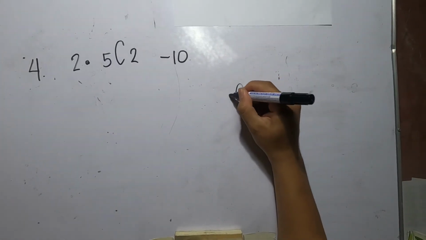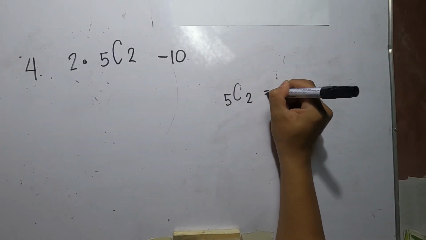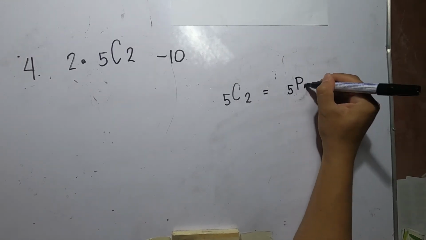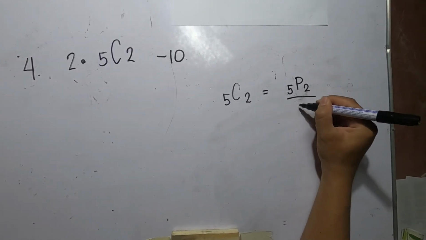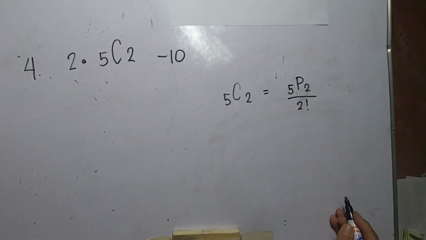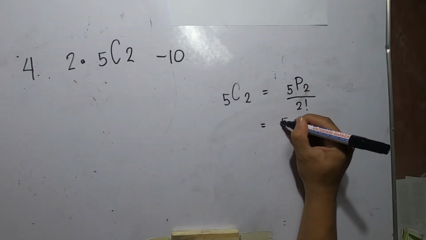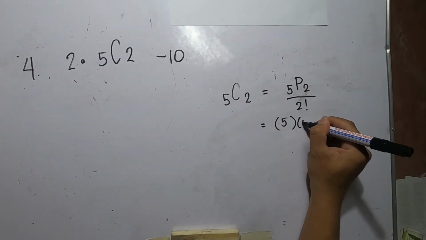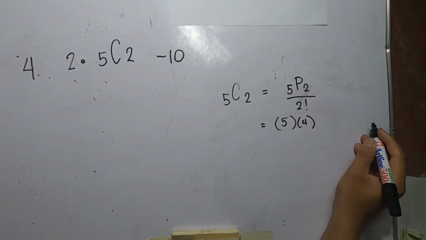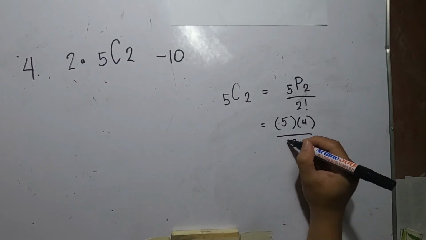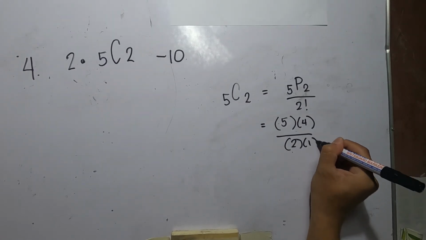Combination of 5 taken 2 is equal to the permutation of 5 taken 2 divided by 2 factorial. So by further evaluation, permutation of 5 taken 2 is the same as 5 multiplied by 4 divided by 2 factorial, which is 2 times 1.